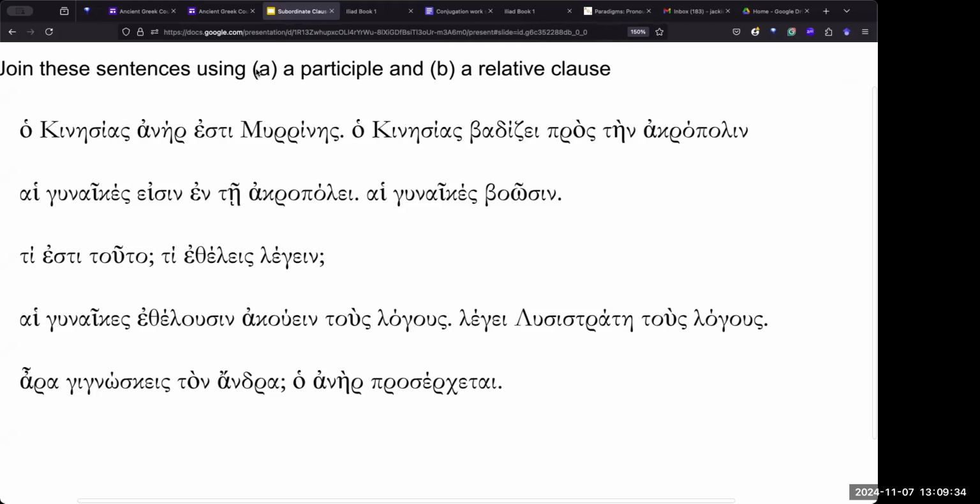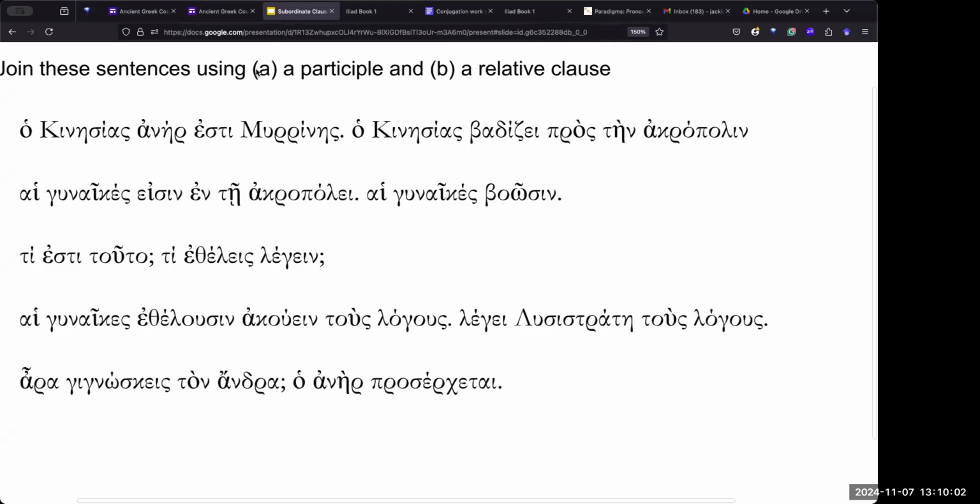Where were we going to put the clause? All right, you could do it like that: Kinesias hos badidzei pros tein Acropolin, who is walking toward the Acropolis, aner esti Merines, he's from Myrine, right?